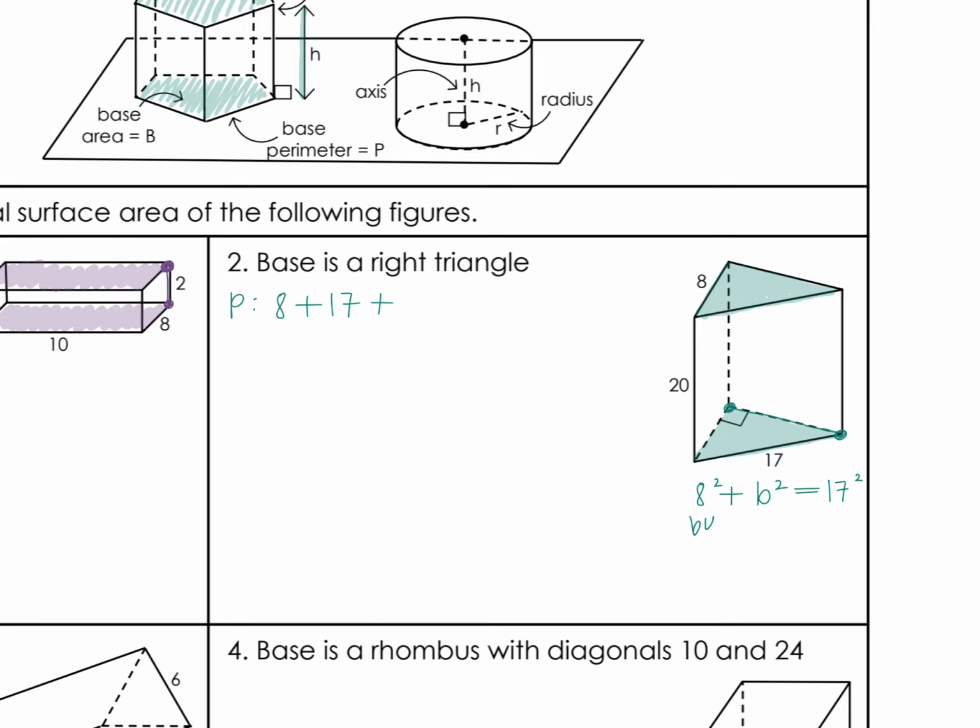When I square that, I get 64 plus b squared equals 289. When I subtract and take the square root, I get the square root of 225, which should be 15. That gives me my third side of that right triangle so that I can find the perimeter, and that is going to be 40.